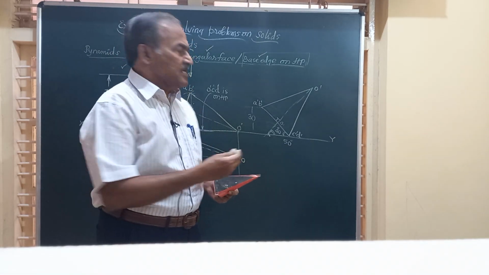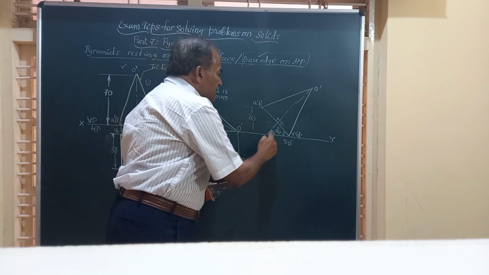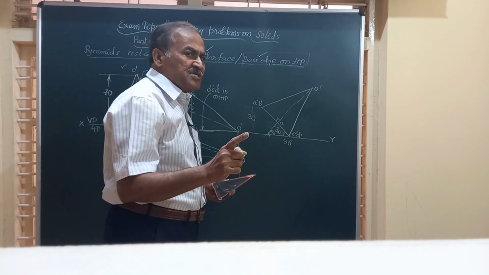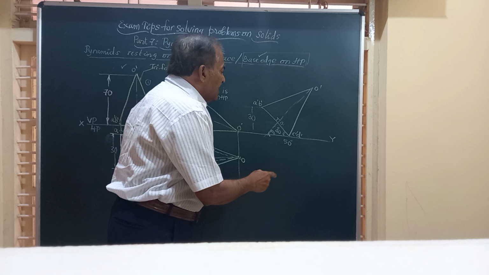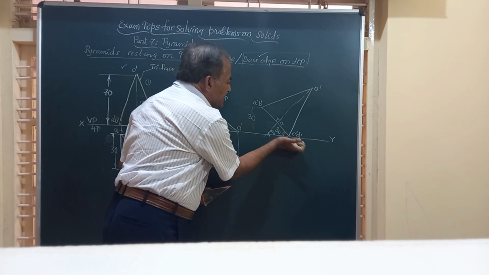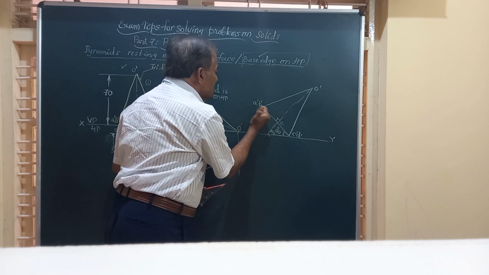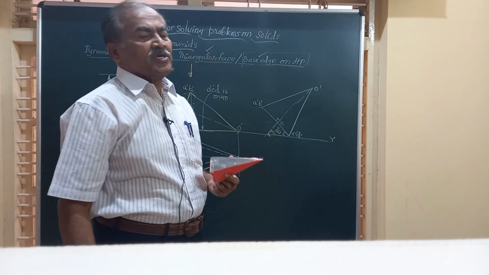So anyway, this inclination can be given. They can give you this height, or can give you the inclination of the axis, that is in most of the cases, or they can also give you the inclination of the base of the solid with the HP. So these are the three cases how they give you.